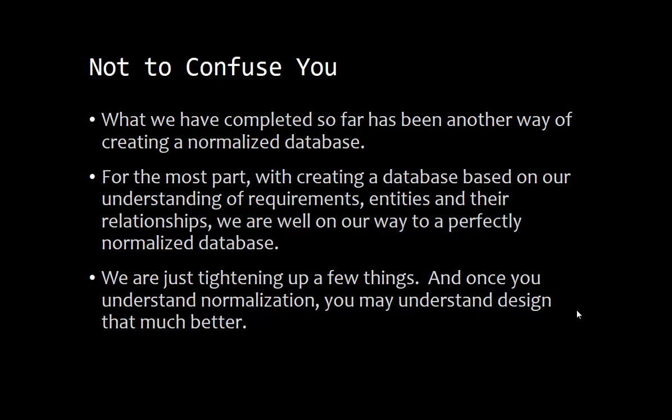Just by the fact of our design, we have adhered to the rules, or I should say, the normal forms of normalization. Have we adhered to all of them? No, we have not. That's where we want to come back and make sure you understand what normalization is, so that you can make sure that we did adhere to all of them. I hope that makes sense a little bit. We're just trying to tighten a few things up. And once you understand normalization, I think you'll also understand design a little bit more and what we've been doing all along. All right.